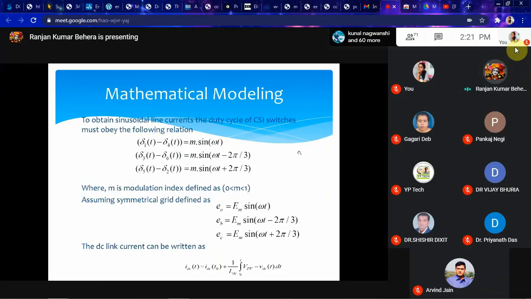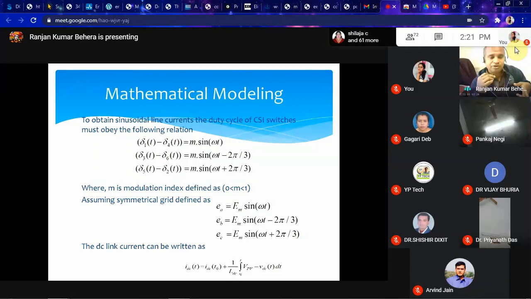So now you see here, the modulation index. I have this modulation index, delta 1 minus delta 4. Delta 1 means when the upper switch is turned on, delta 1 is 1, and when the lower switch, delta 4, is turned on, it is minus 1.